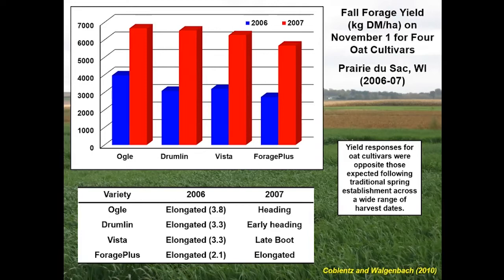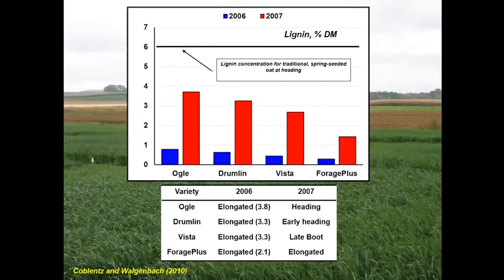But I think what happens here is that these forage types or slow developing grain types simply run out of time. If you don't plant them early enough, their slow maturation rate becomes a liability. And we'll show you that as we move on here. But before we do that, there's some other interesting things that we noticed in this first experiment.